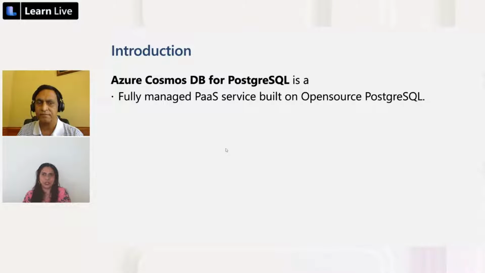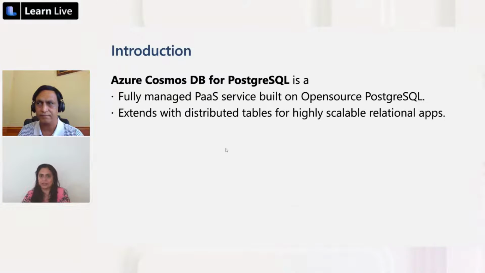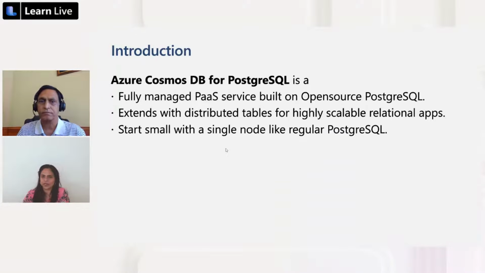It's a distributed database, and it's highly scalable, especially for current apps that need the ability to scale from a small set to a huge data set. In a situation like that, you want to go for Cosmos DB for PostgreSQL.